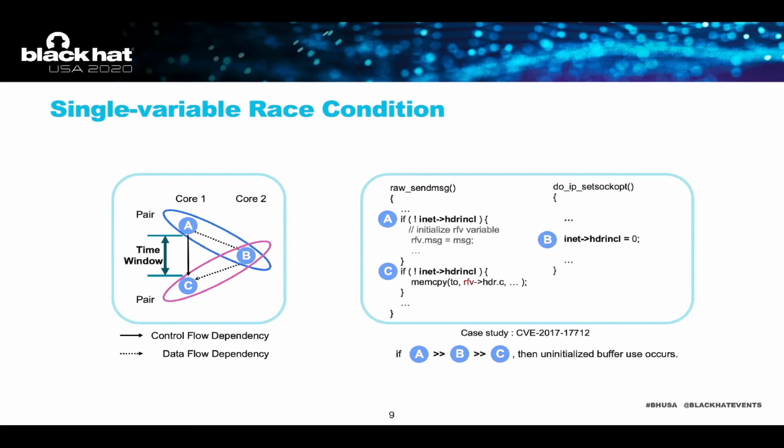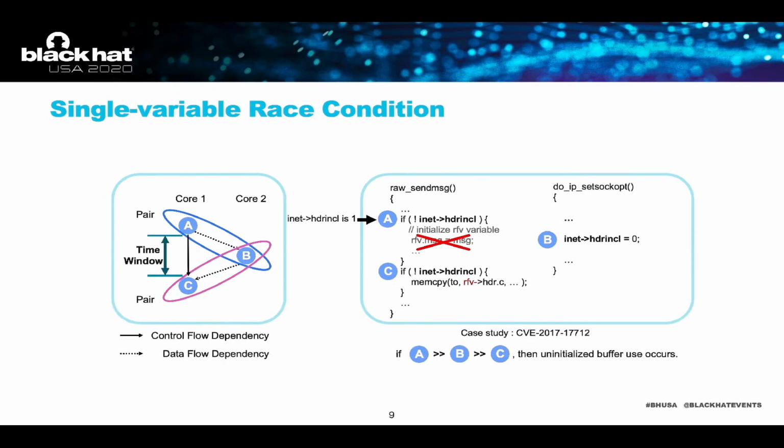This vulnerability consists of two pairs of race instructions, and both are accessing the same header inclusion variable. To see how this race condition results in memory corruption, suppose the header inclusion variable is 1 when the instruction A is executed. You can see that this leaves the variable called RFB uninitialized.